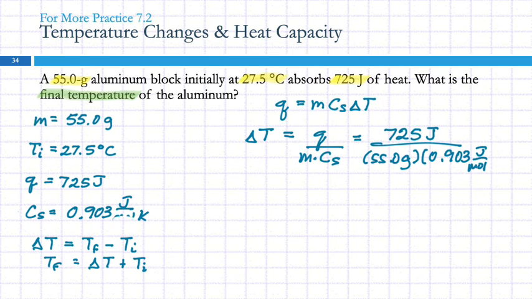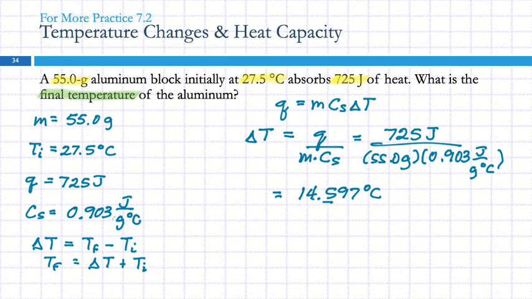Sorry, it's not moles, it's grams. It's not Kelvin. So we do the math on the numbers. We got 725 divided by parentheses 55 times 0.903, close the parentheses, equals 14.597. And I should have 3 sig figs.